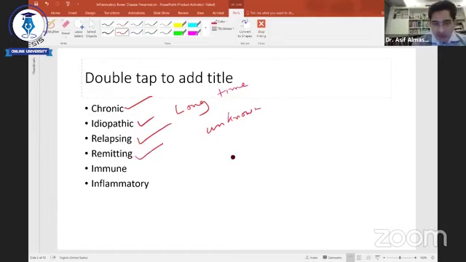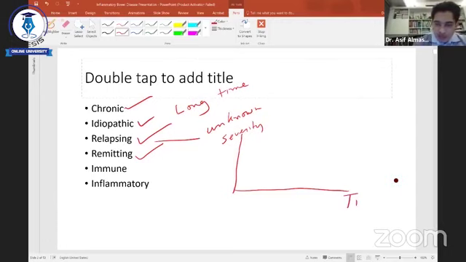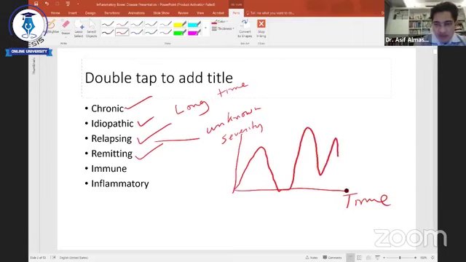Relapsing means, for example, if you draw a graph of severity of the disease and time, in case of Crohn's disease, the graph is something like this. The severity increases, and sometimes it goes and disappears. Sometimes again it becomes severe. Sometimes the severity decreases.